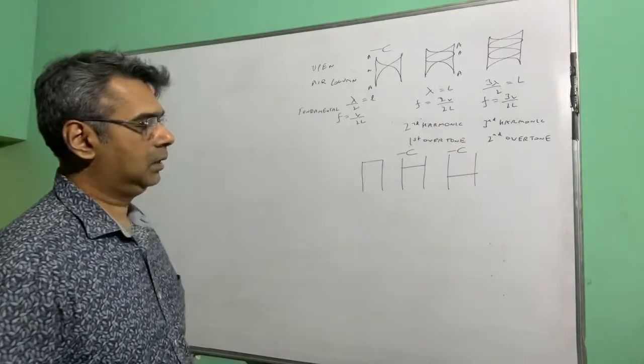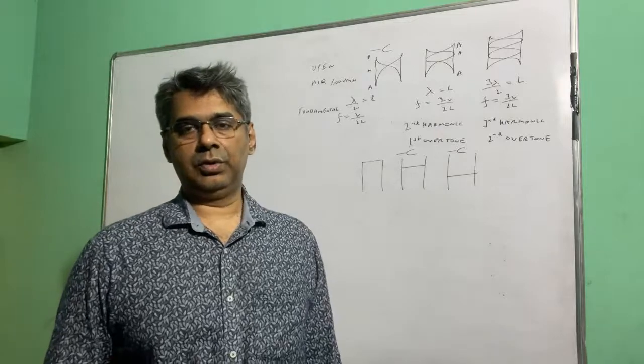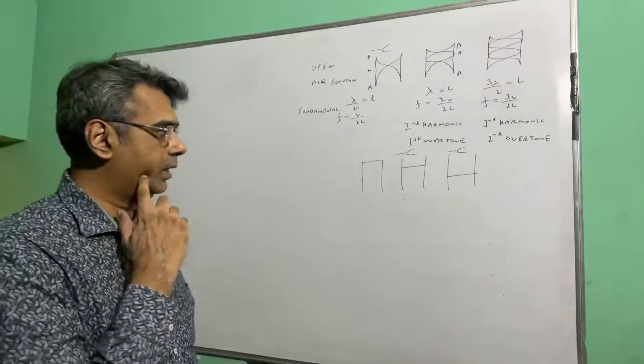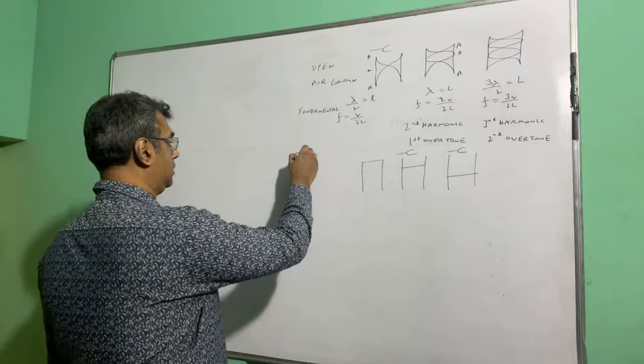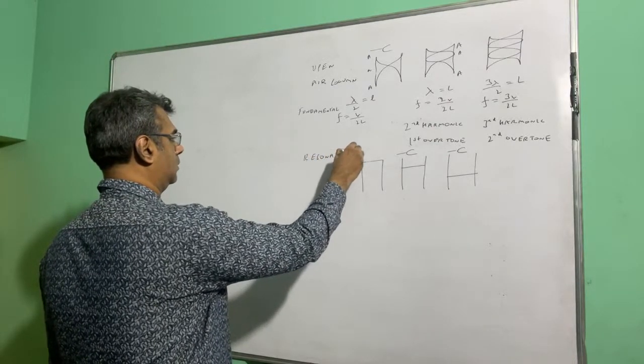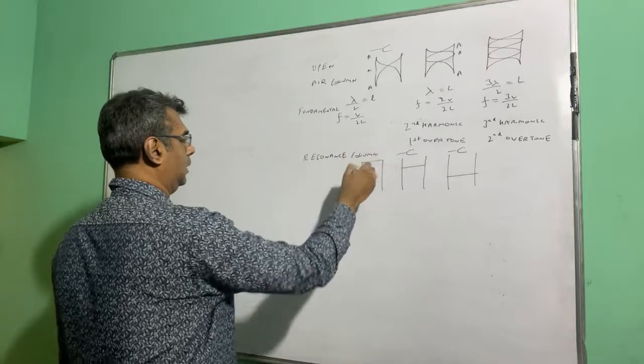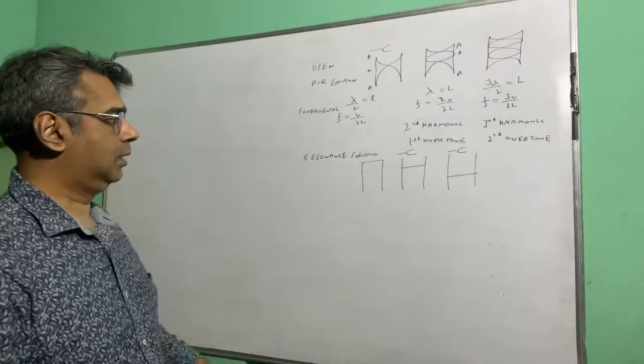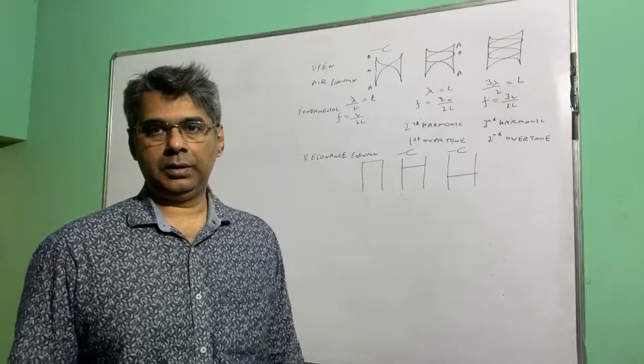There is a method of using the standing waves due to sound to find the speed of sound in air. That method is called resonance column method. So what you have to do is that there will be water in a tube.